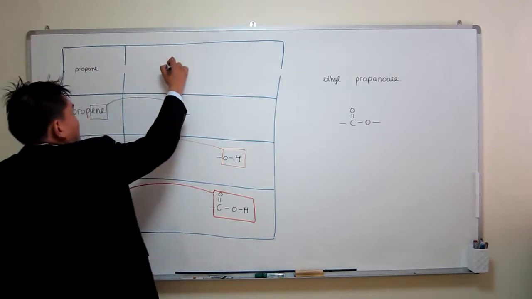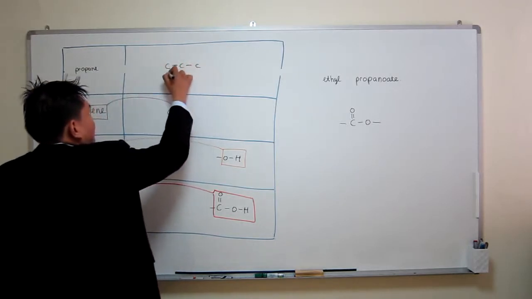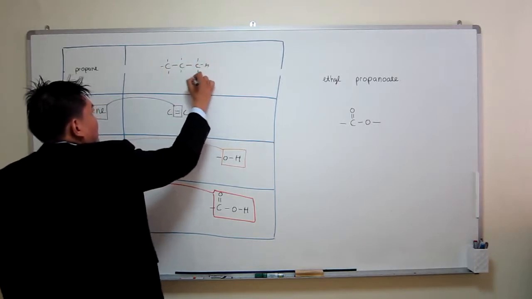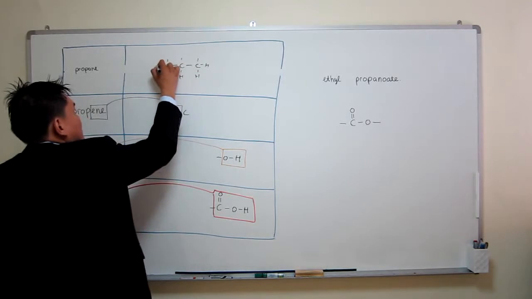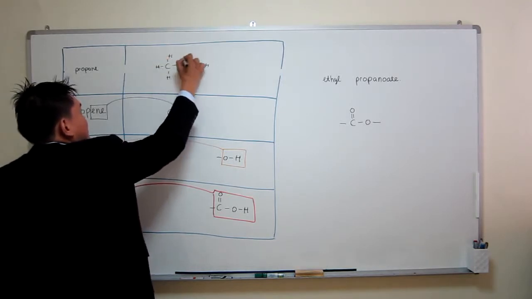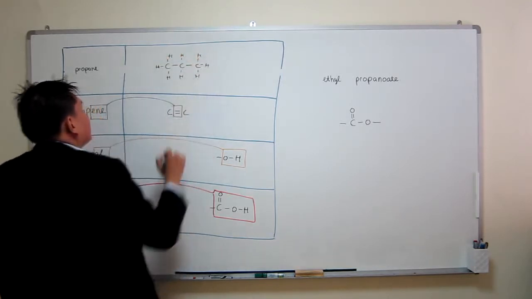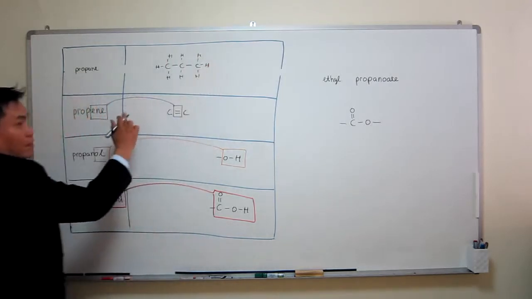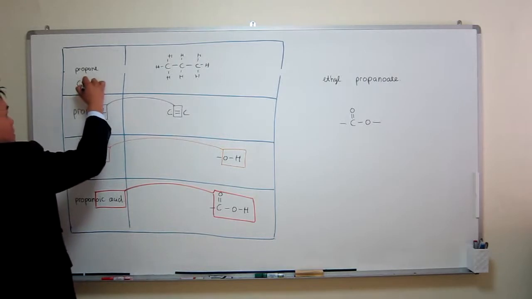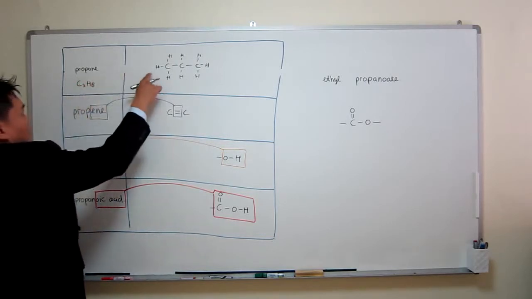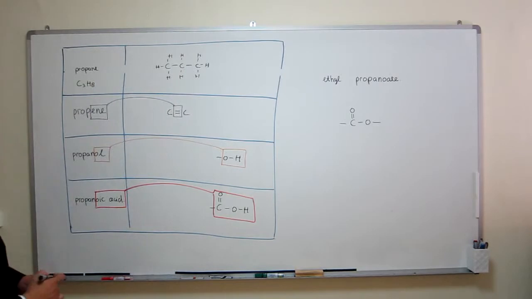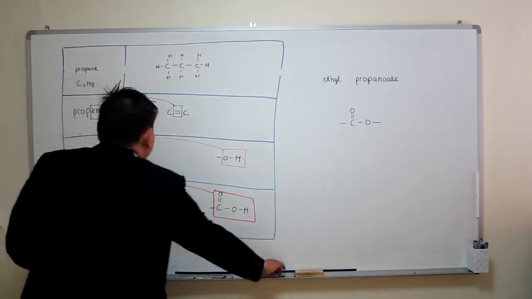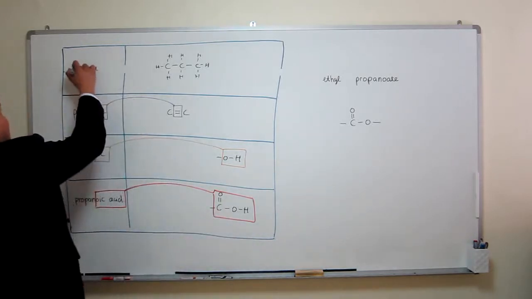Propane means 3 carbon, and there are no other functional group connected to it, so we just plug in all the hydrogen, which means the molecular formula for this is C3H8. If you count, you have 8 hydrogen. Yes, because prop means 3 carbon.